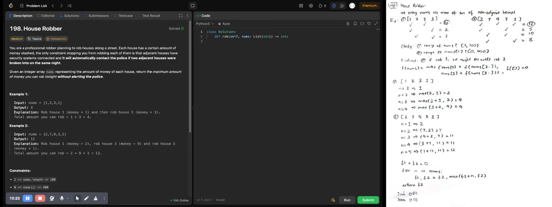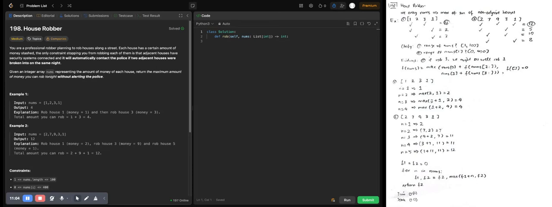We can take that. We can take the first one, and then F3, it would be 3 plus 1 is 4.